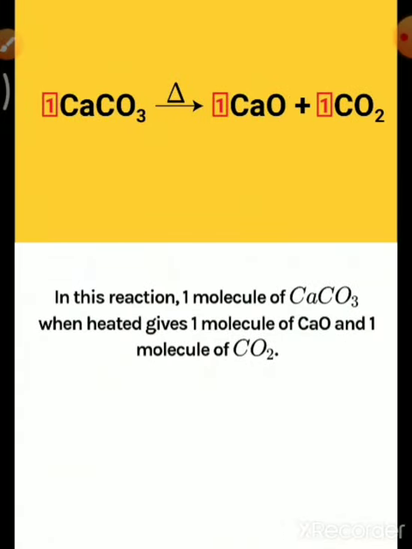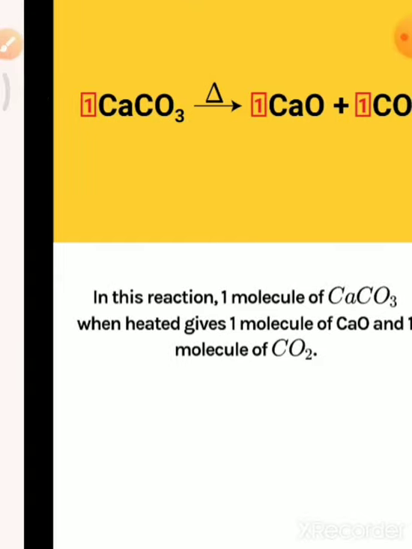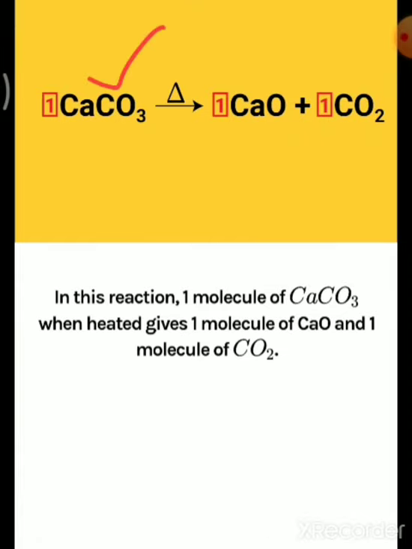Here you can see 1 mole of calcium carbonate, when heated, gives 1 mole of calcium oxide and 1 mole of carbon dioxide. So the chemical equation represents the number of molecules.